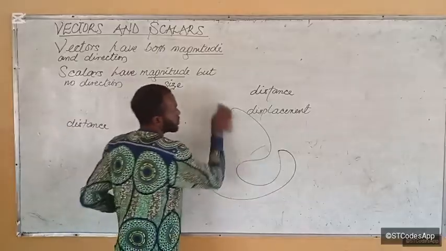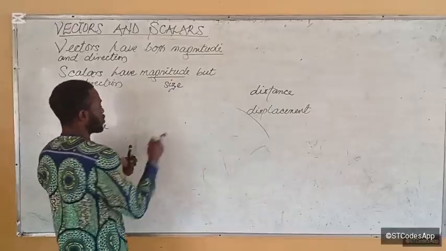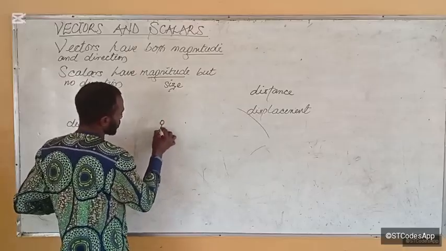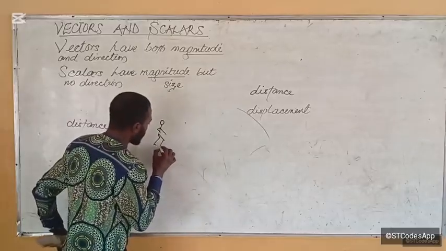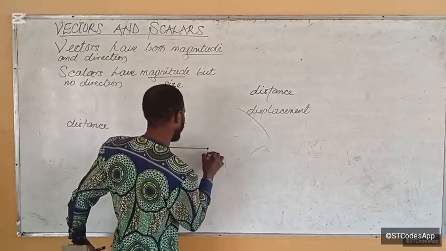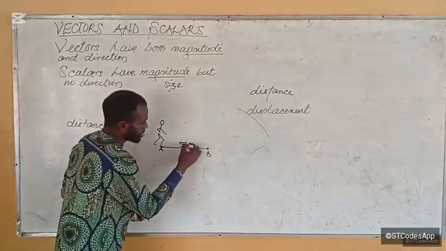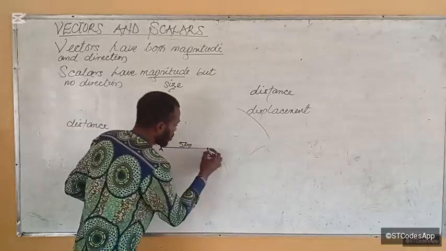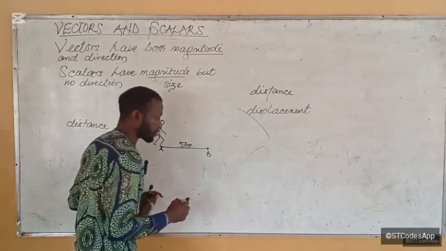Let me give you another example since I drew cardinal points just now. What if this body, a man, for example, moves along this path like this. So this man begins at a point A and moves to position B, 5 kilometers due east.